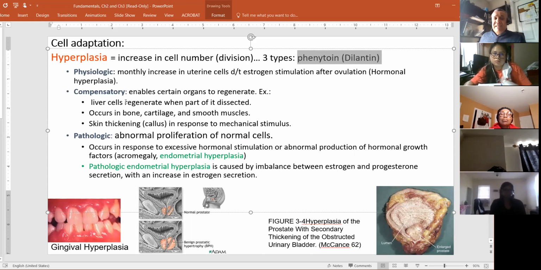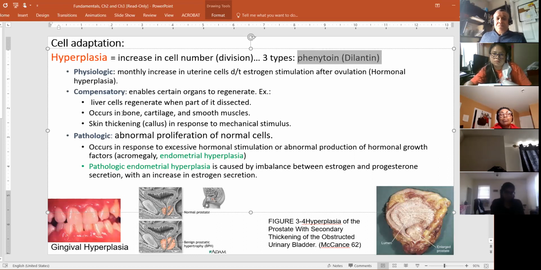Let's say a patient is experiencing liver cancer, and part of the liver has to be removed, so they have to excise and dissect part of the liver. Then the remaining part is going to regenerate, and this is called compensatory. It's like compensating for the loss of the part.